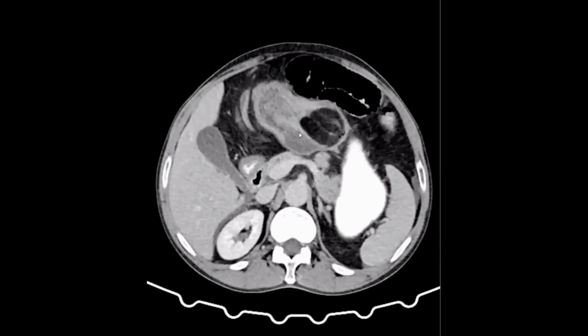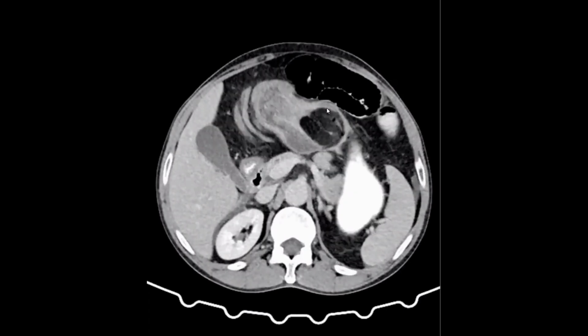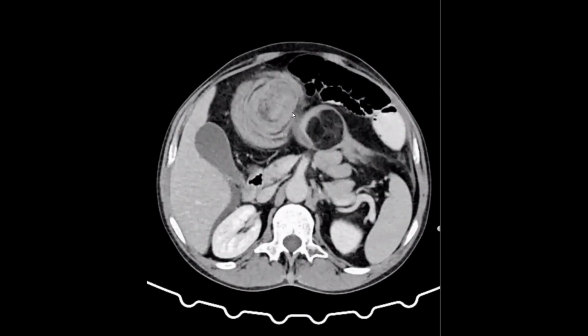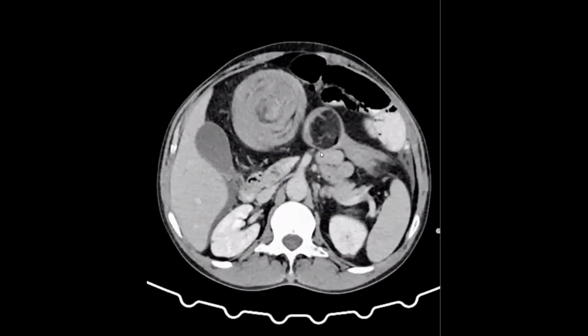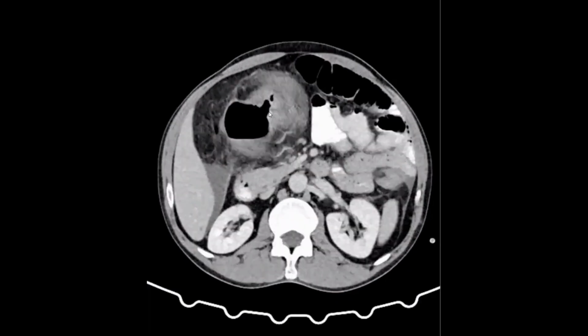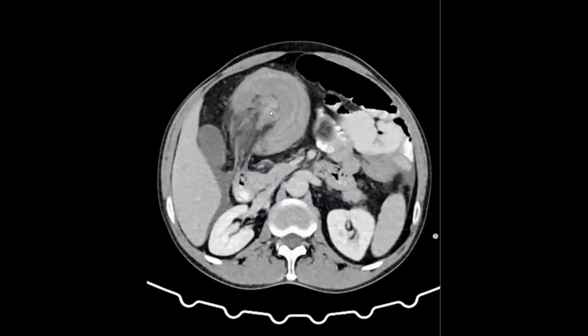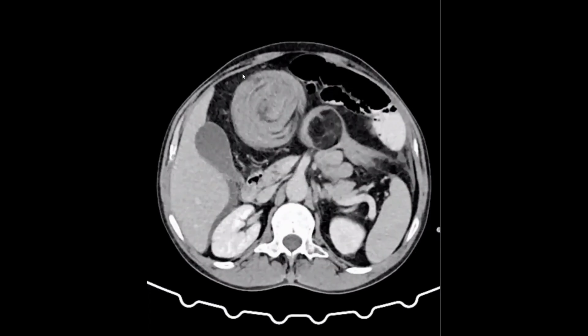Here we have a very obvious intramural or submucosal lipoma of the invaginated bowel segment, and this one is called intussusceptum, and this one is called intussuscipiens.